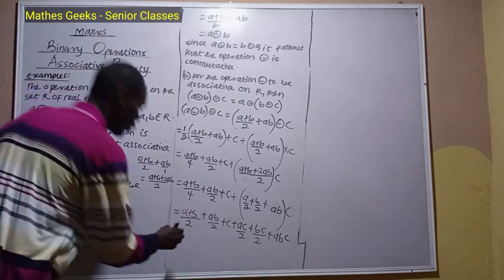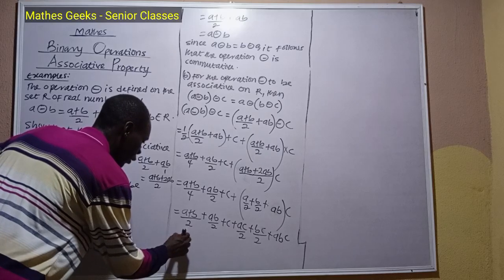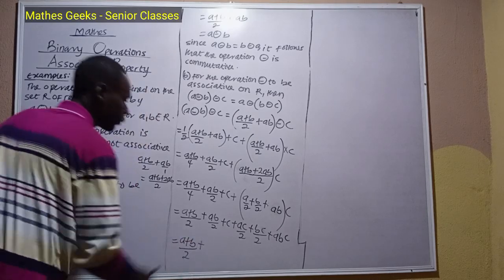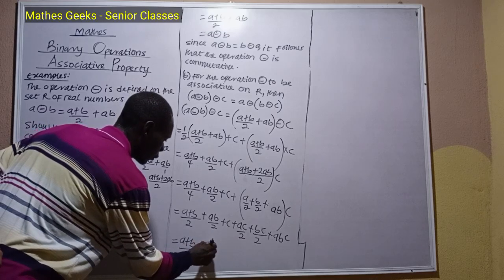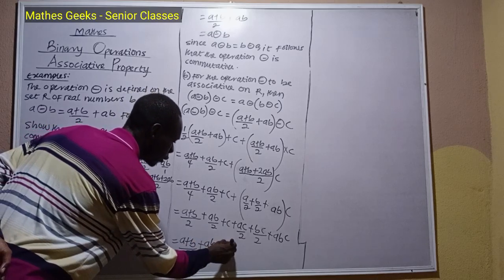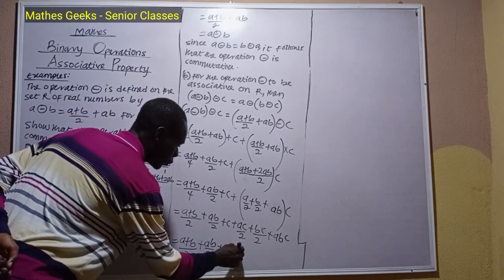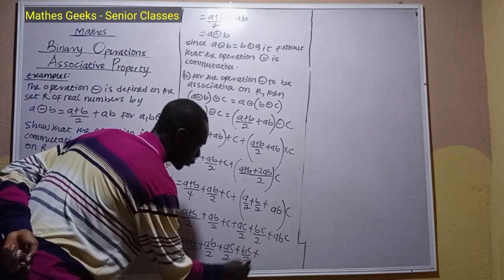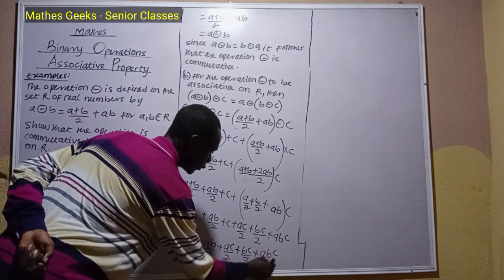So when we arrange them alphabetically, we're going to have A plus B over 2 plus AB over 2 plus AC over 2 plus BC over 2 plus ABC.